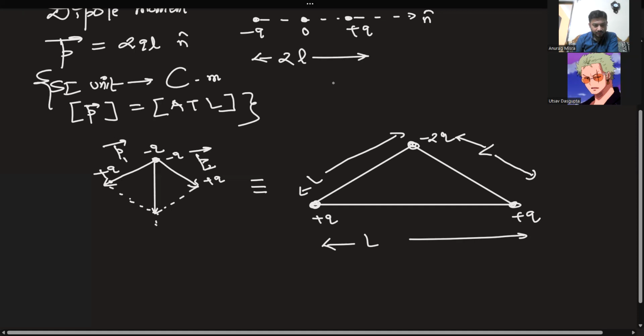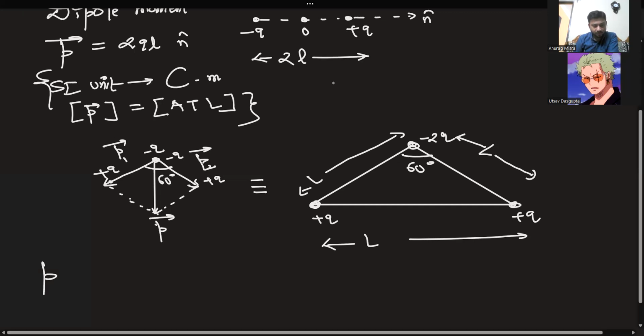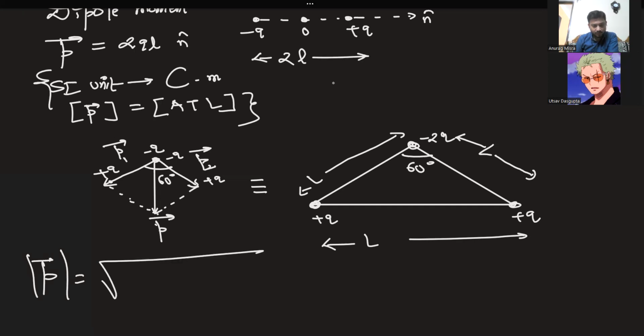Suppose this is P. So as it is an equilateral triangle, what will the angle be? It will be 60 degrees. So the angle between p1 and p2 is 60 degrees. Then what is the magnitude of the resultant dipole moment? Root over of p1, which is q into L, the value of each charge q and distance L, so qL squared plus qL squared plus 2qL squared cos 60, which is half.